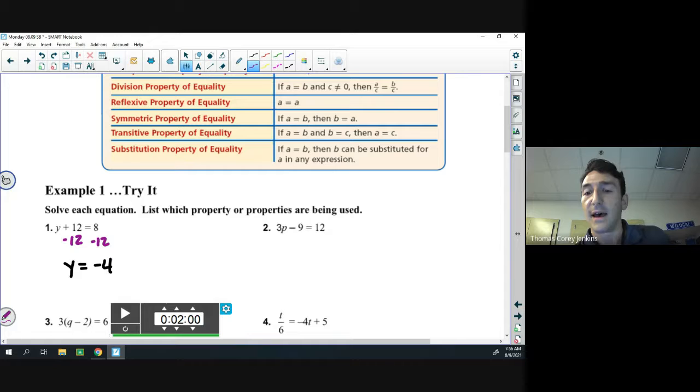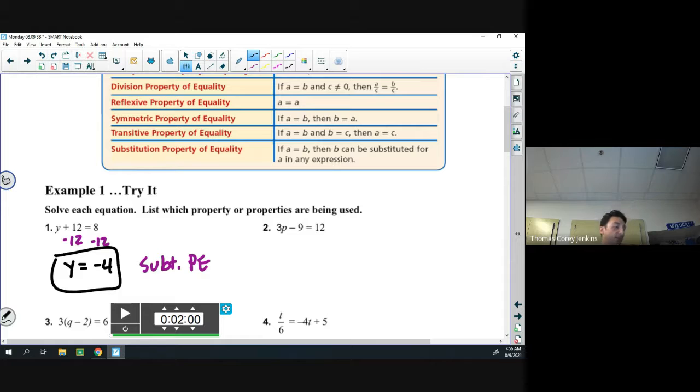Let's call it the SUBT property of equality. All right, so thank you for pointing that out. Okay, any questions before we move on?